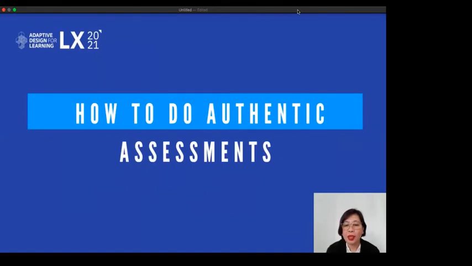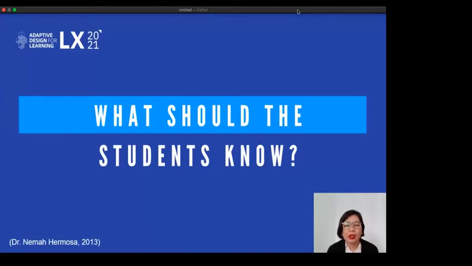Here's how to do authentic assessments. There are 4 questions for us to answer. Number 1, what should the students know? The answer to this question would be the standards, or the benchmark.